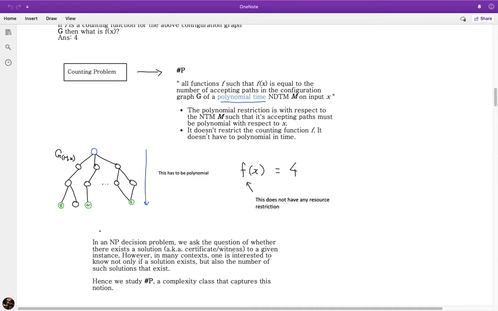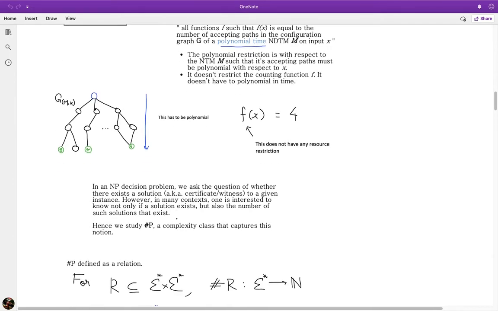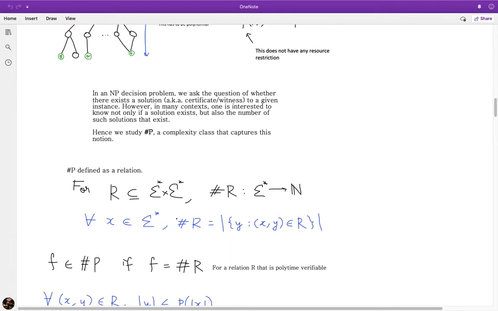The length of this accepting path can't be exponential, it has to be polynomial. Whereas the counting function itself, which computes the number of such accepting paths, doesn't have any restriction as such. So this is the definition of the complexity class #P.